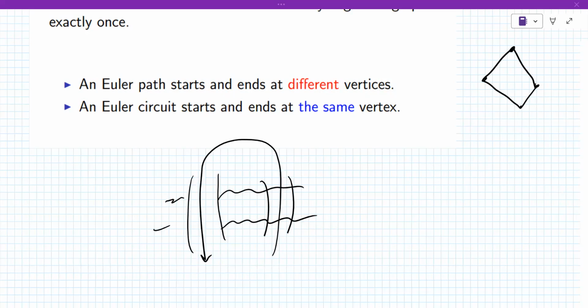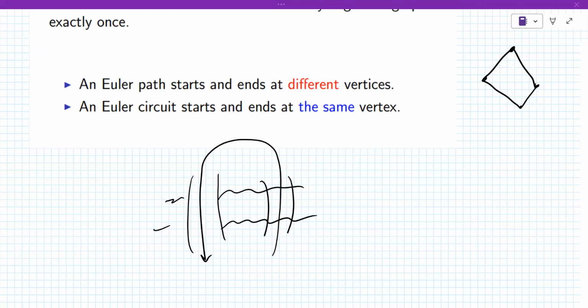Do you have any idea if you're going to be drawing something, or just saying yes or no? I'm pretty sure you're going to say if it's a path or a circuit, because that's all the practice we've been doing in class. Okay.